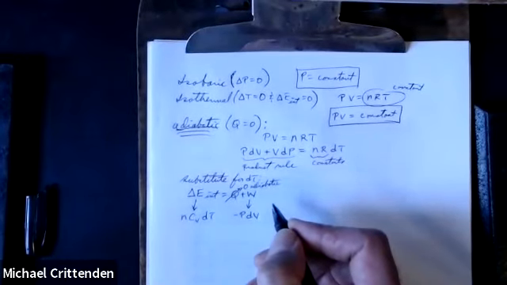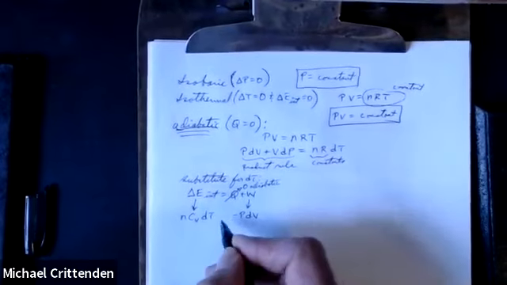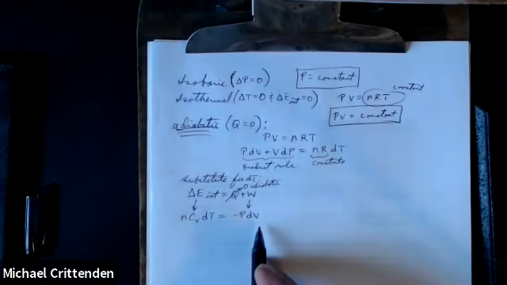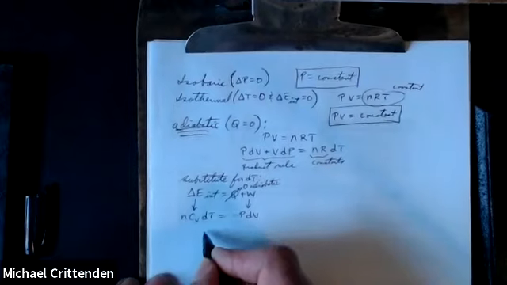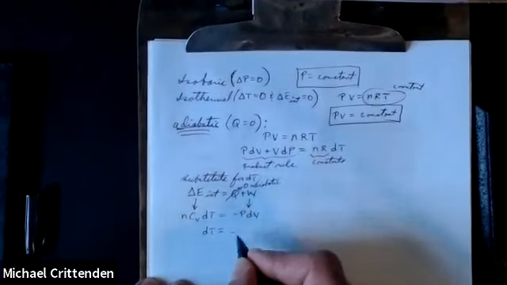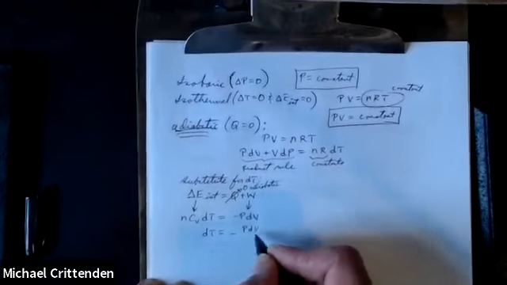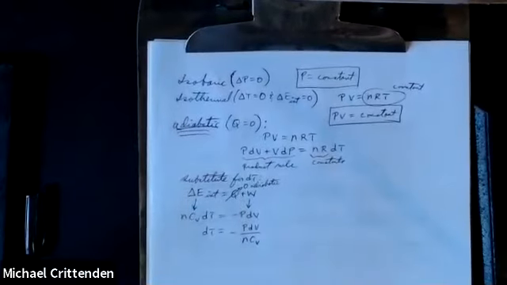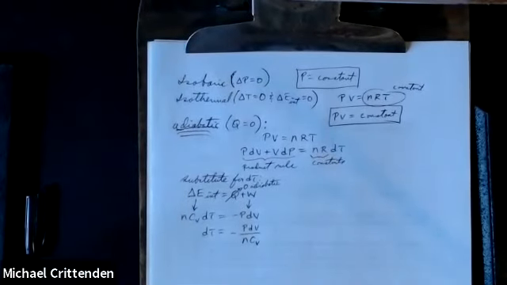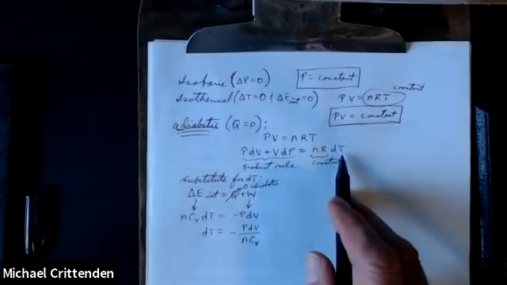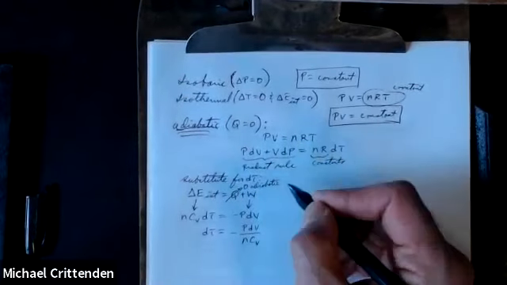So that means that if that equals that, dT equals minus P dV over n CV. Okay, there's my substitution. I can put that in there, and that'll get rid of the dT and have everything in terms of pressure and volume.